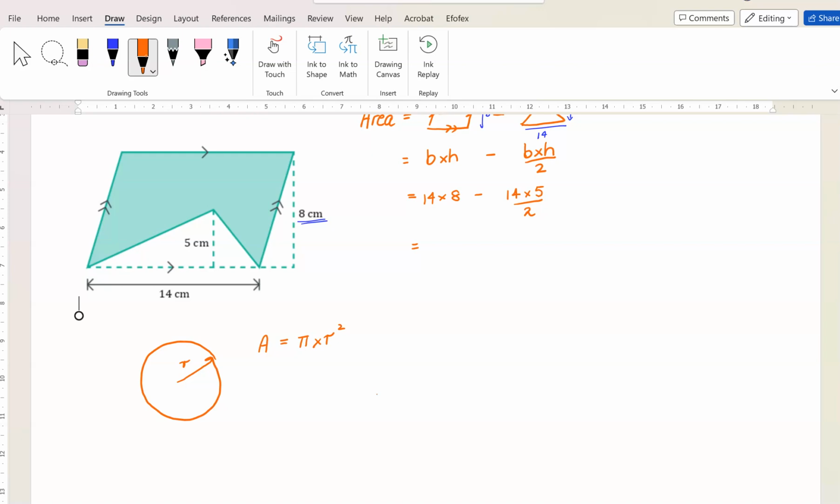If we had half a circle, then our formula is area equals pi times radius squared, and to get half of something we divide by 2. And of course, if we have a shape that has a quarter of a circle, then its area is pi times radius squared divided by 4, because it's a quarter.